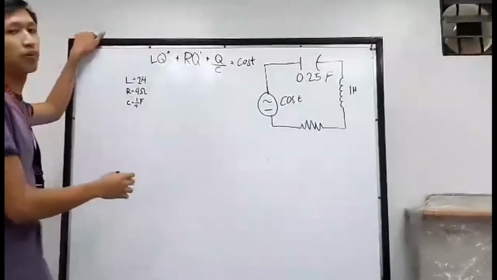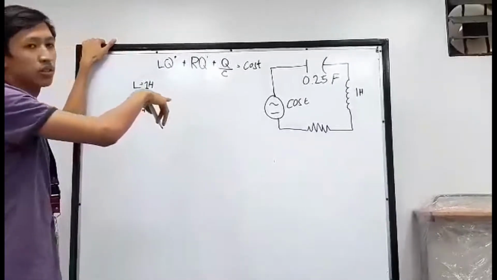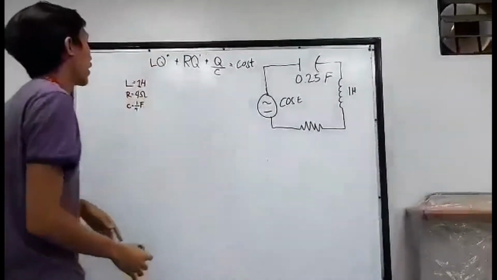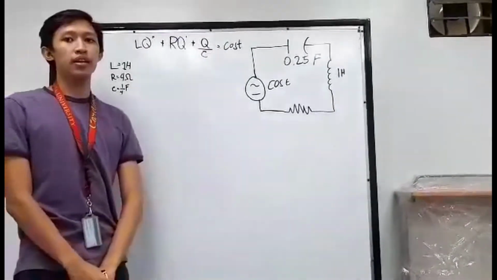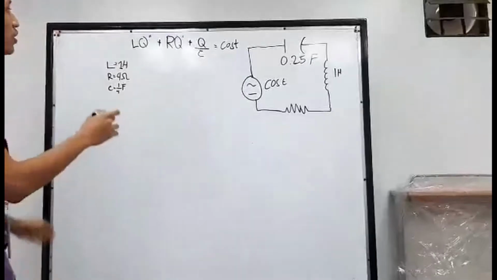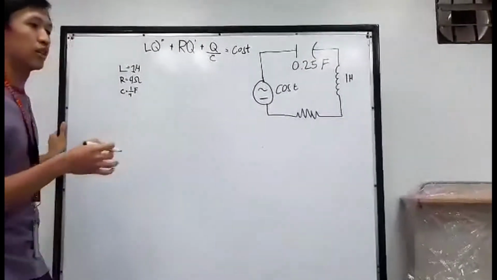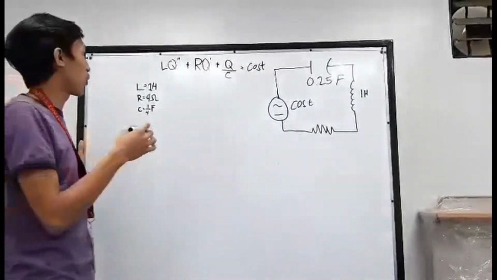The third part of the problem, we put now a voltage source which has a function of cosine t. And in this video, we will use the variation of parameters in order to solve this kind of problem. First, we need to determine the coefficients.